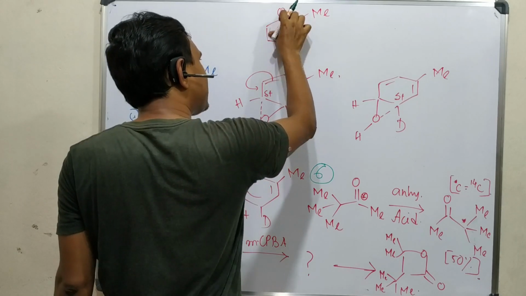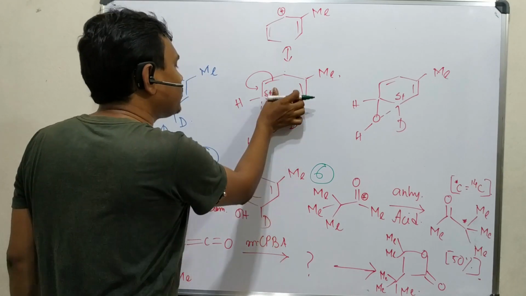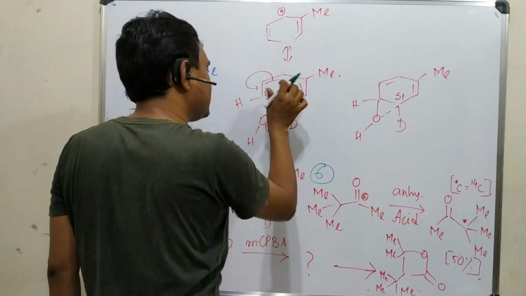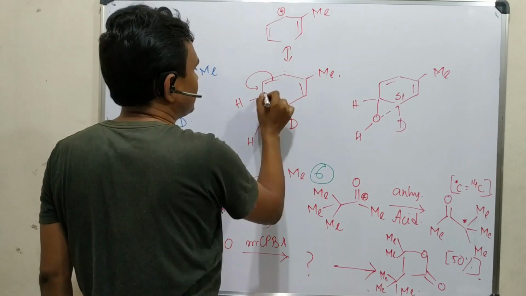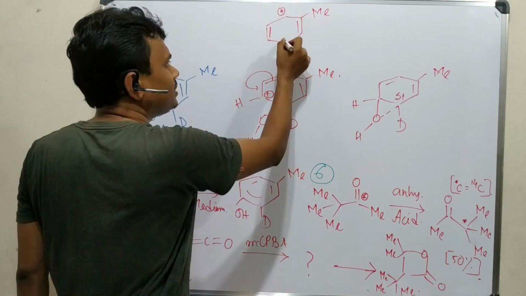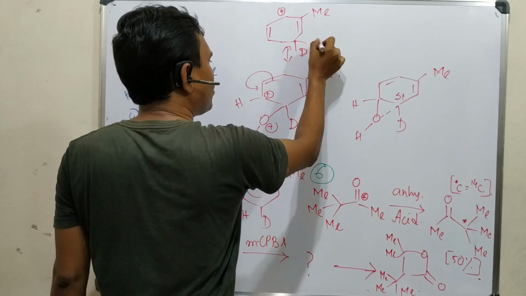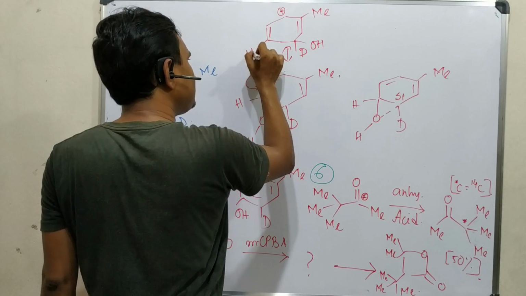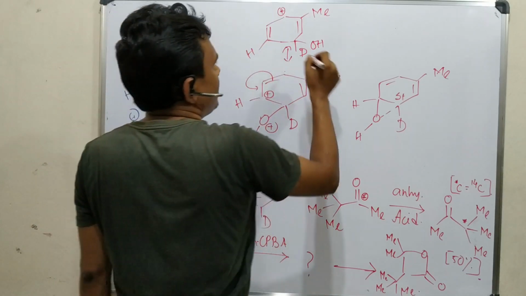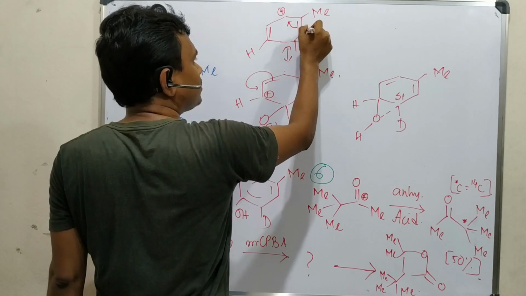Just think that if a carbocation is generated, let's consider the bond is broken. It will be easier for you to understand. There is a carbocation, so what can happen? This carbocation can go here, and similarly this is D, and this is OH. This is H. Again another canonical structure is possible here, so the positive charge will come here.